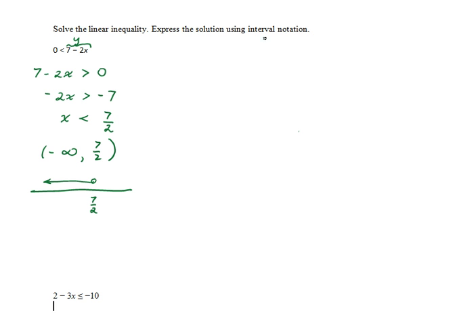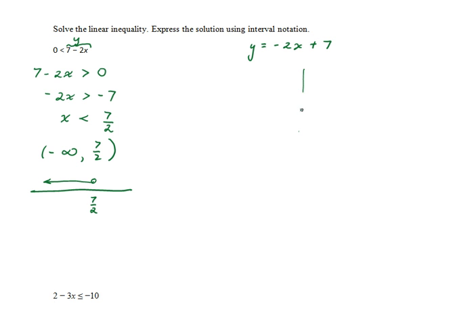And so here we have the function y equals, I'm going to call it negative 2x plus 7. And it says that that has to be greater than 0.